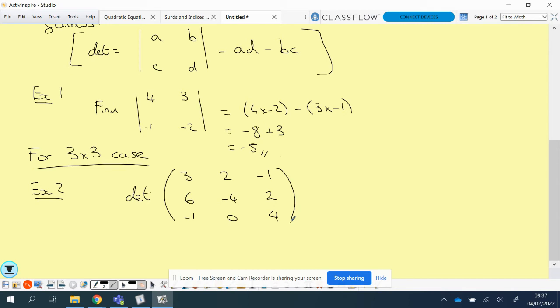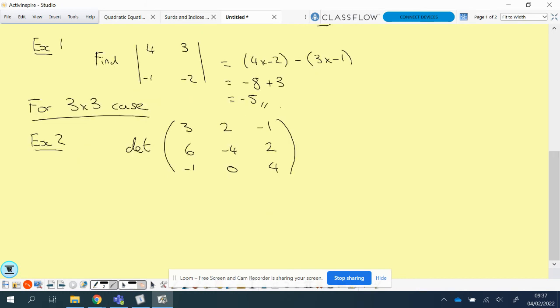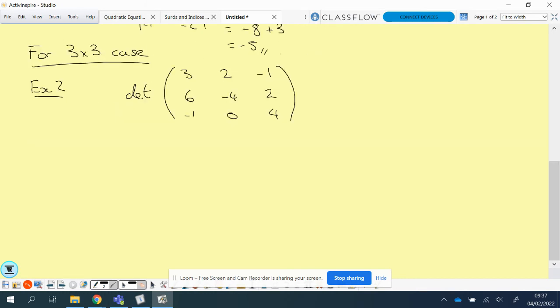So we're working out the determinant of a 3 by 3 matrix like that. What we do is use the top row and split up the second and third. The key also is that the signs alternate, and you'll see what I mean by that in a second.